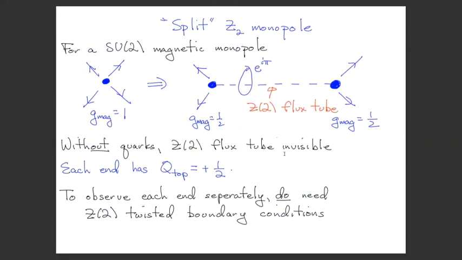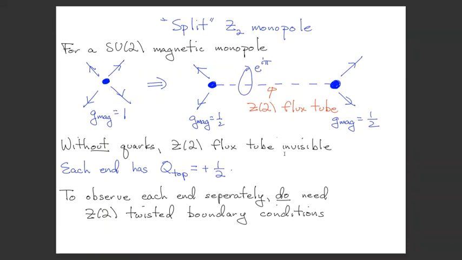Well, the point is this is a pure gauge theory. So we can take this magnetic charge and pull it apart into two parts with a Z2 flux tube connecting them. By a Z2 flux tube, I mean if you take a Wilson loop in the fundamental representation and go around, you get a factor of e to the i pi. Since gluons live in the adjoint representation, that doesn't matter.